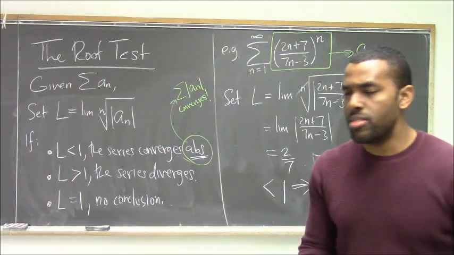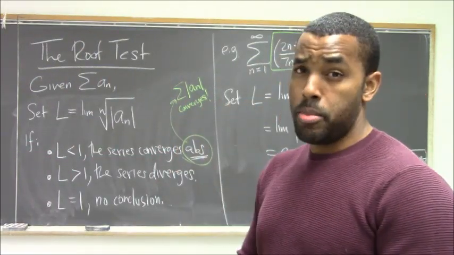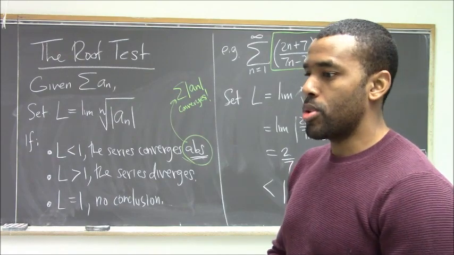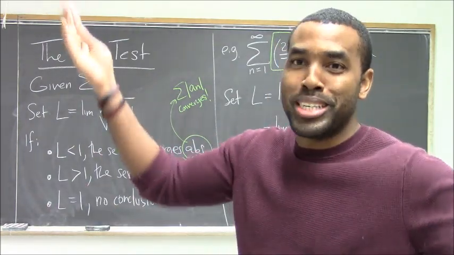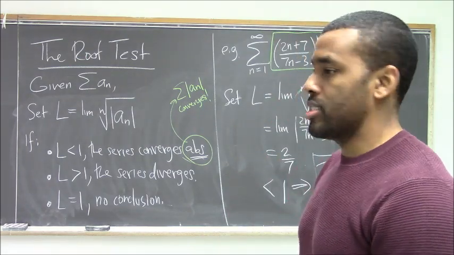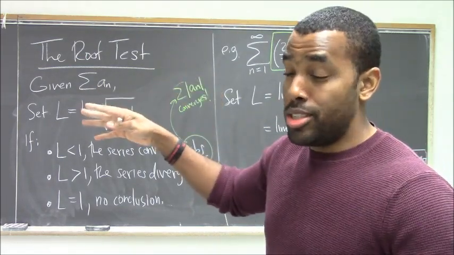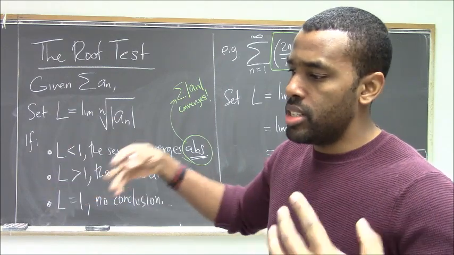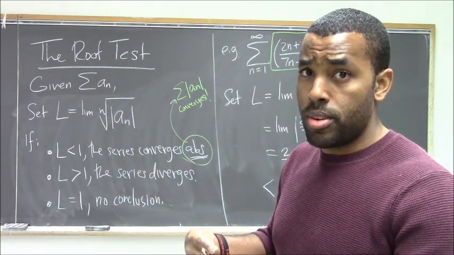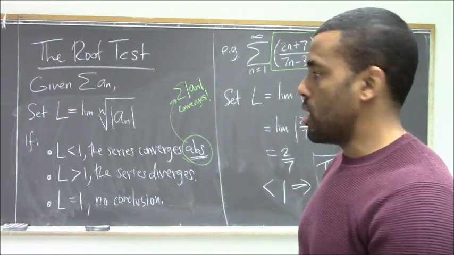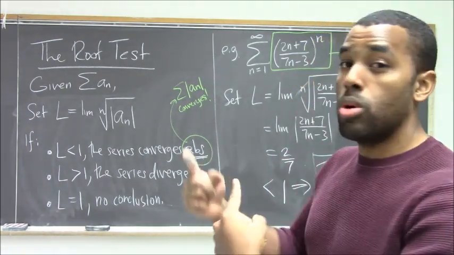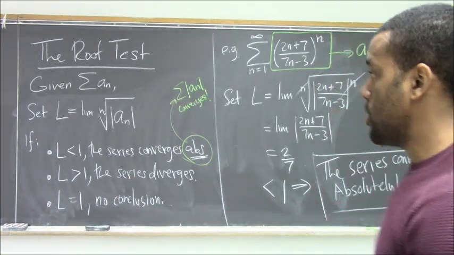None of the tests individually are bad. As I mentioned, the thing you have to look out for is that on a test or a quiz, I'm not going to tell you which test to use. You're going to have several different series, of several different varieties. Several different tests might work on them or not work on them, and you kind of have to know how to choose.